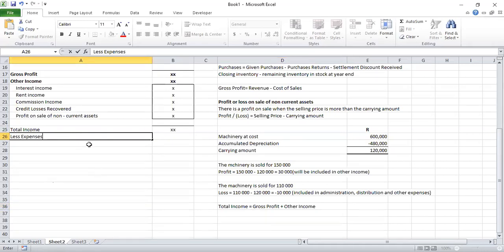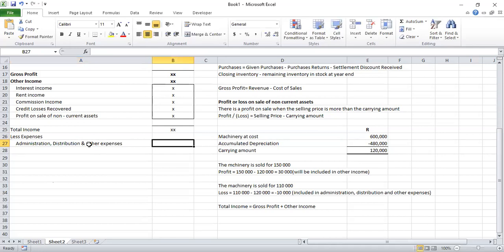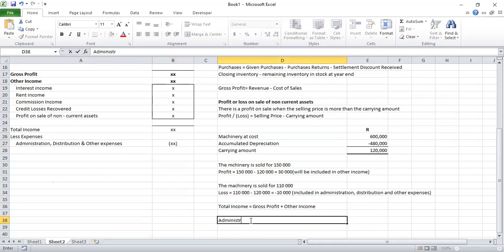Expenses are divided into two categories. We have administration, distribution, and other expenses.